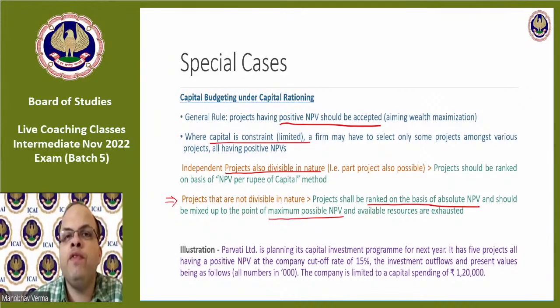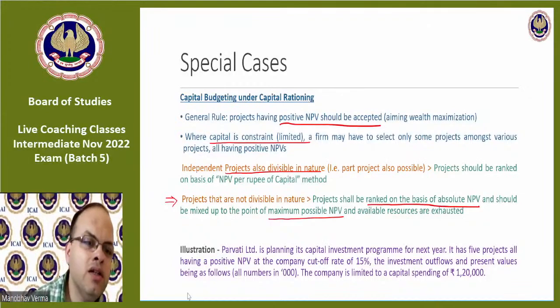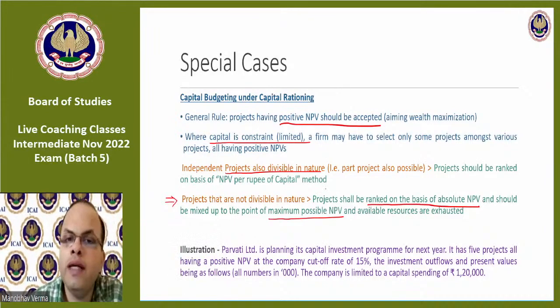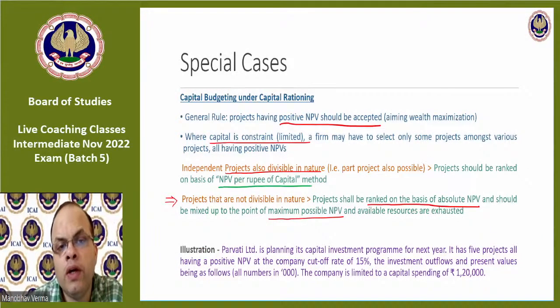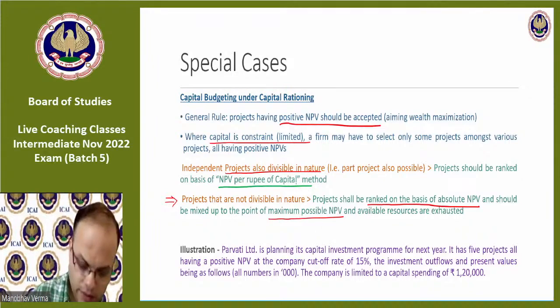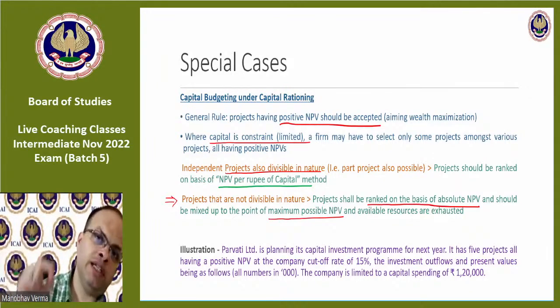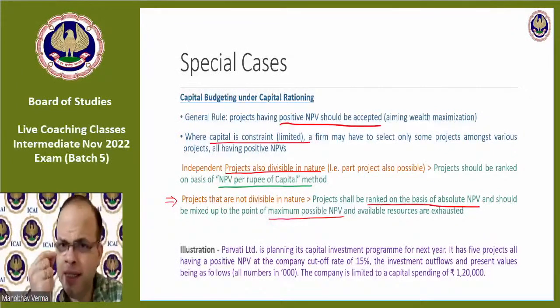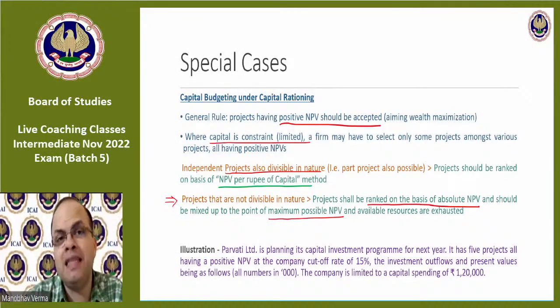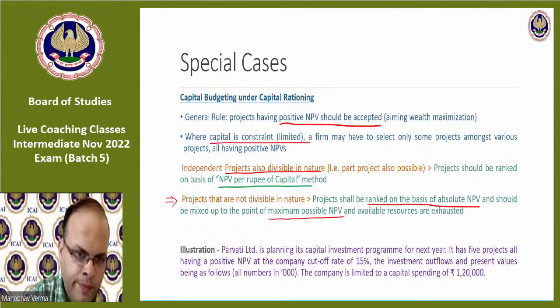Every single penny of your funds can be invested. However, in that case, the ranking should not be based on the absolute NPV. Rather, it should be based on NPV per rupee of capital. That means we will divide NPV by the initial investment, and we'll rank the projects on that particular basis.